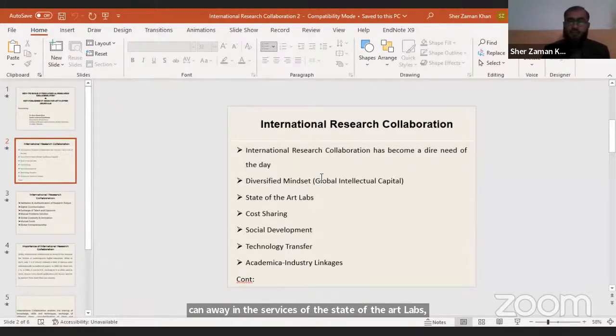Similarly, at this time, research needs higher costs, and it's not possible for a single researcher to bear all the costs of research, meaning data collection, experimentation, and the purchase of research chemicals, equipment, utensils, etc. So by building an international research collaboration, the cost is shared by different researchers.